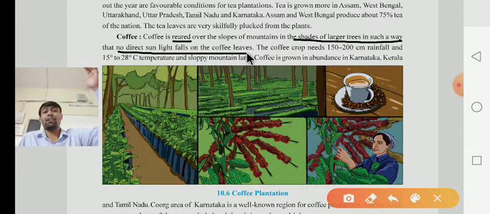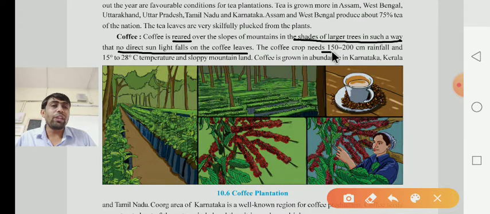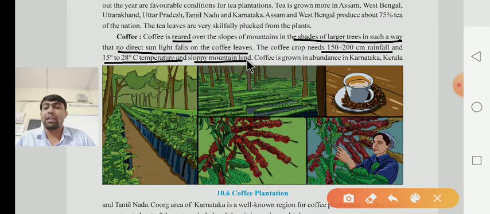The coffee crop needs 150 to 200 centimeters of rainfall. How much rainfall does coffee require? Coffee requires 150 to 200 centimeters of rainfall, and 15 to 28 degrees Celsius temperature in the sloping mountain land.